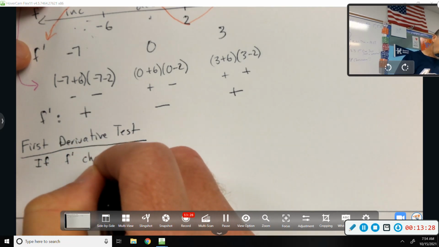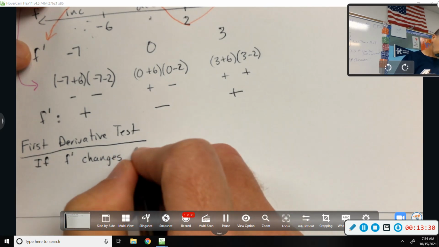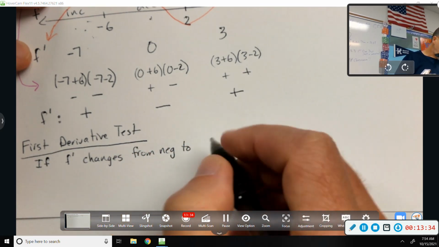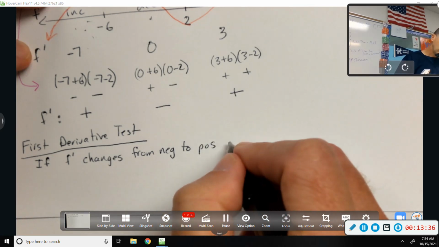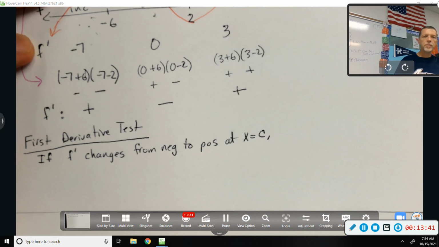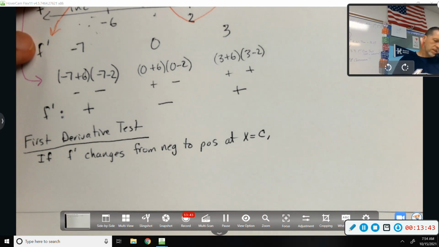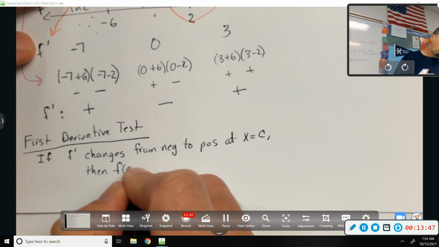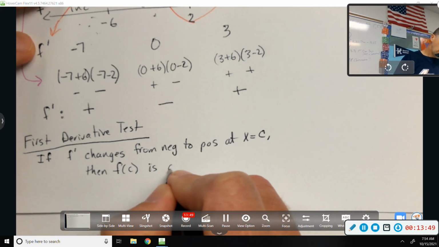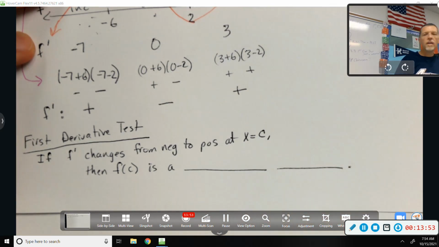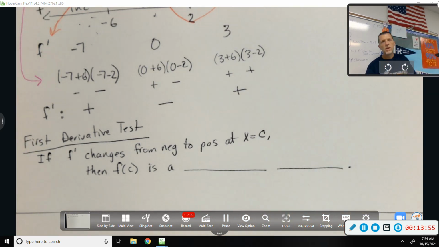If f prime changes from negative to positive at x equals c, then f of c is a... Copy it down first and then think about what you wrote.